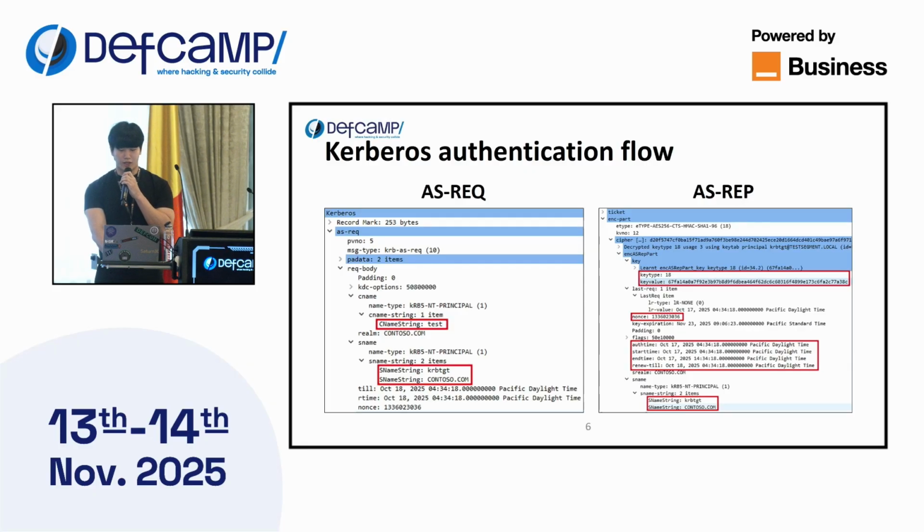After verifying the client's identity and timestamp from the AS-REQ, the server responds with a TGT session key and specifies service information. In this screenshot, the server is issuing a service ticket for the KRBTGT service to the client.